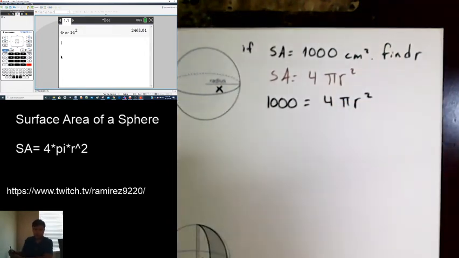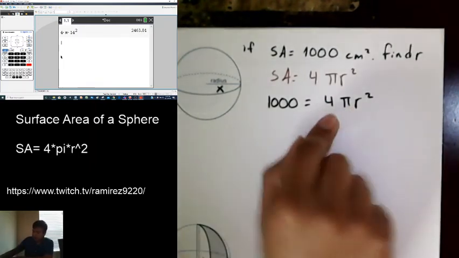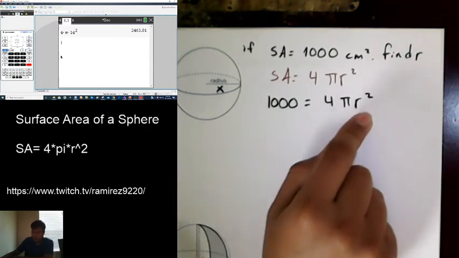And just do some algebra, guys. Remember, on all of these formulas for surface area and for volume, if you can substitute and you know your algebra, your inverse operations, you can find whatever they want. So right now they want us to leave r by itself.